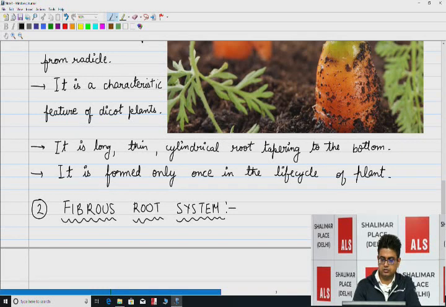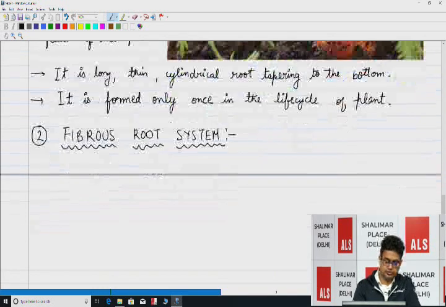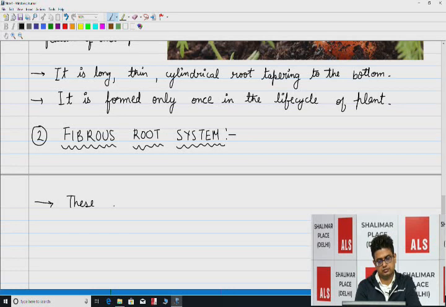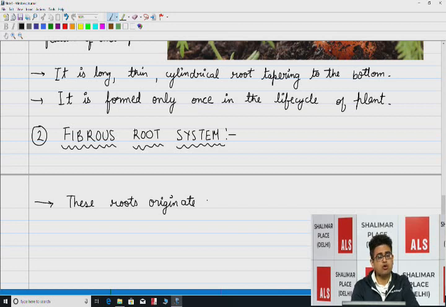So what is the fibrous root system? These roots originate from the base of the stem. Look, this seems a very vague definition. It gives no idea where it is formed and why it is formed.